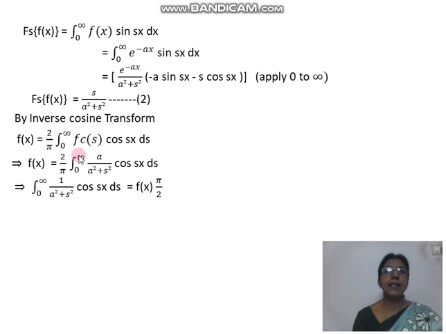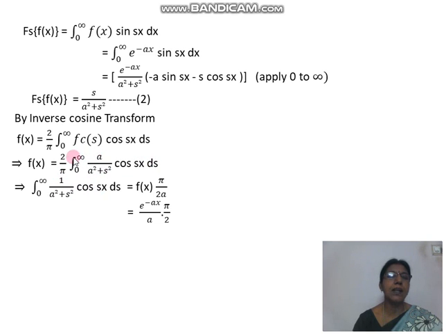So this integral 0 to infinity a by s square plus a square cos sx dx is equal to, here 2a is there, bring it outside: 2a by pi into integral 1 by a square plus s square cos sx dx.